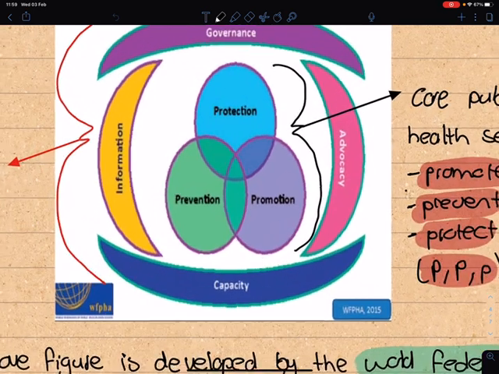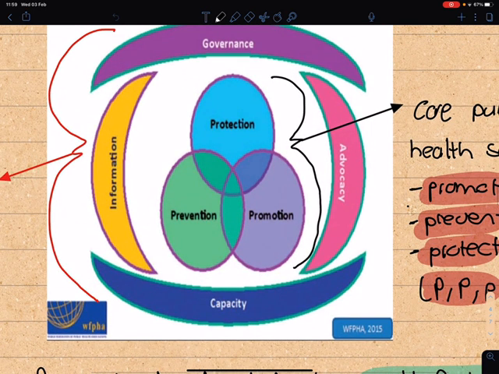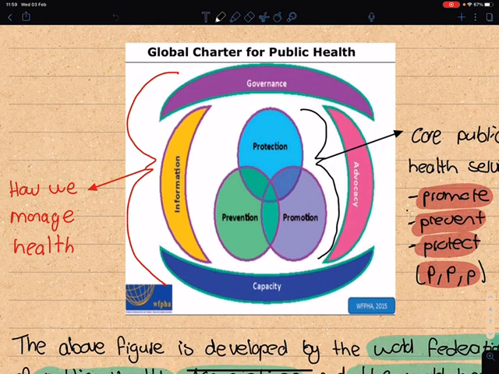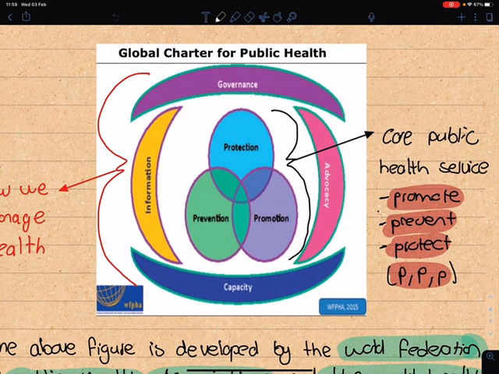The three in the middle are the responsibility of the core health service: protection, prevention, and promotion, the 3 Ps. So protection of disease, prevention of disease, or promotion of good health, or protection of good health, prevention of ill health. That is the core health service responsibility. So as one can see, it's the 3 Ps: promote, prevent, and protect.